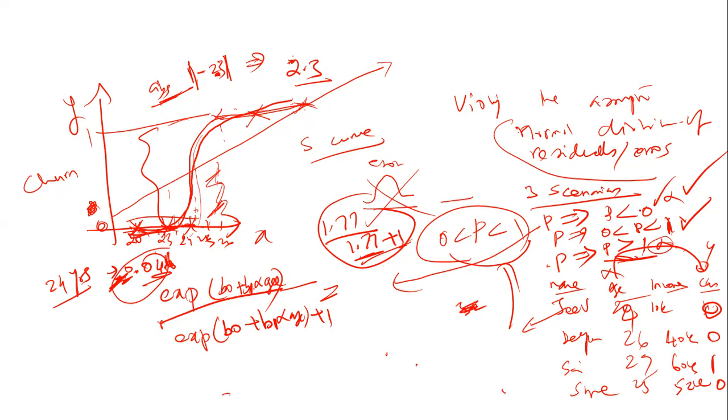The probability should lie anywhere between 0 to 1. So the exponentiation will convert the negative into positive. You just think that way, okay? And also, if you divide the same value, if I use the same value in the denominator, by adding 1 to it, it'll address this issue also.